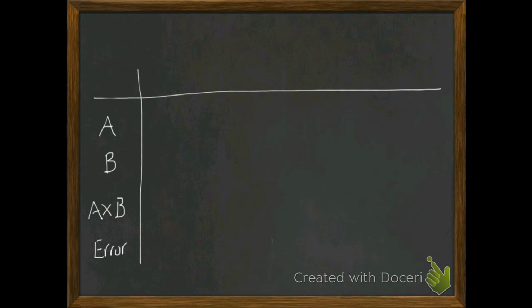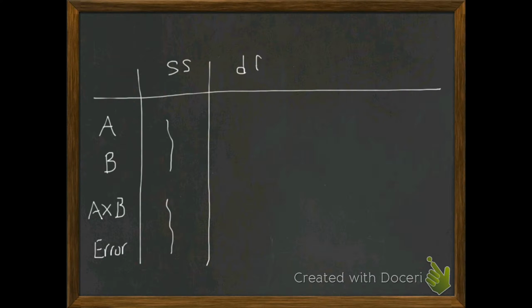Now there will be a total line down here too, but we really don't worry that much about the total, so I'm going to leave that blank. Now the first thing we'll want to do is partition out the sum of squares, and I'm going to give you all of these later.